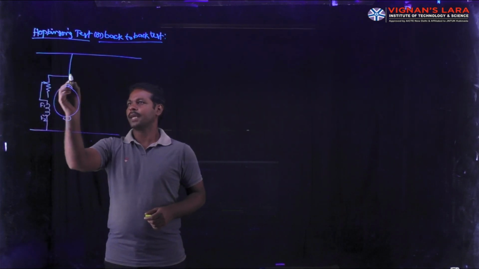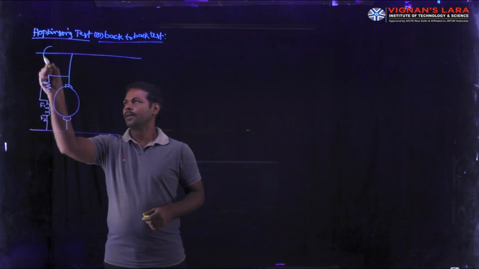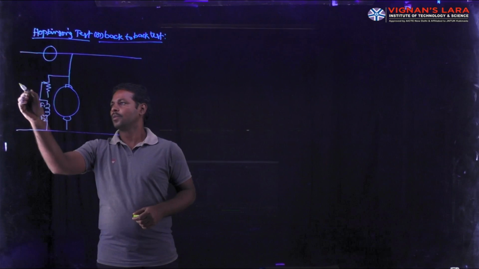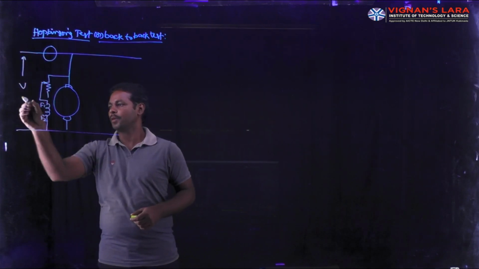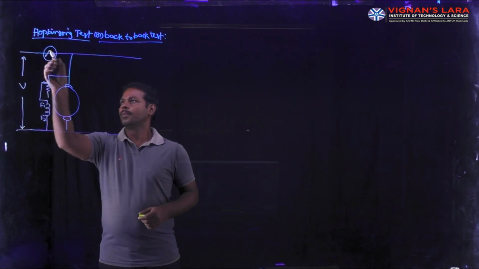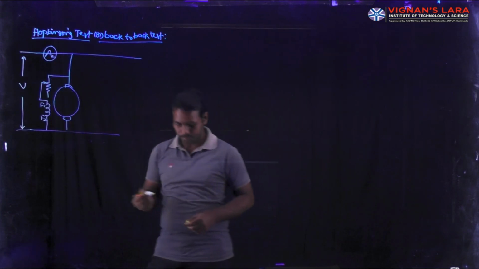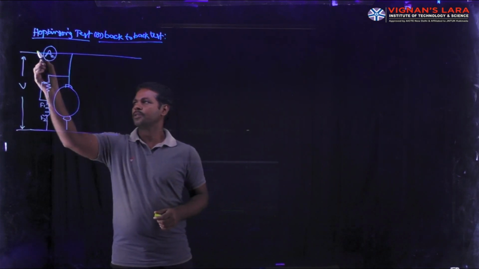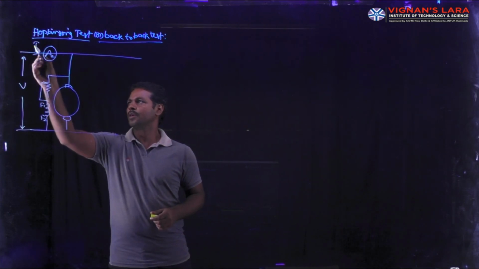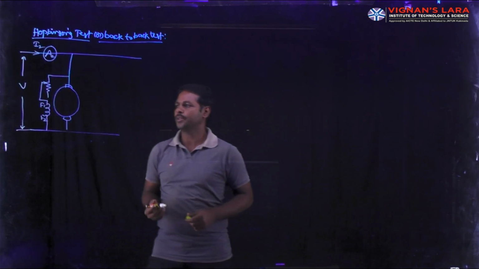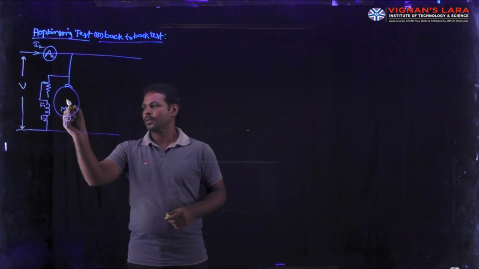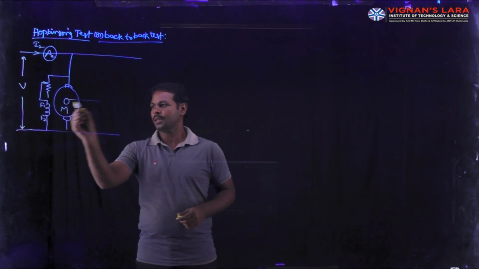The corresponding ammeter is denoted by A2, and the corresponding current coming from the supply is I2. This acts as a motor, which is directly coupled to the generator.